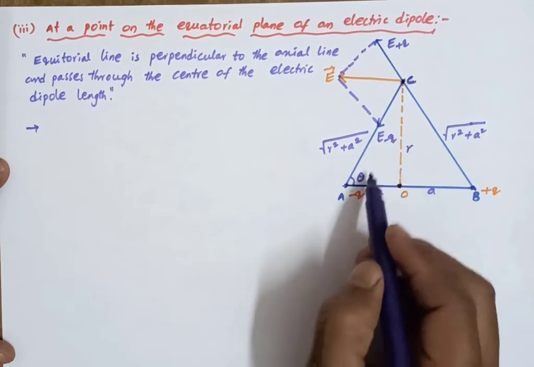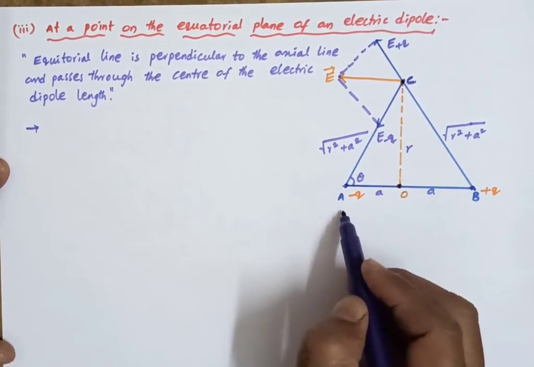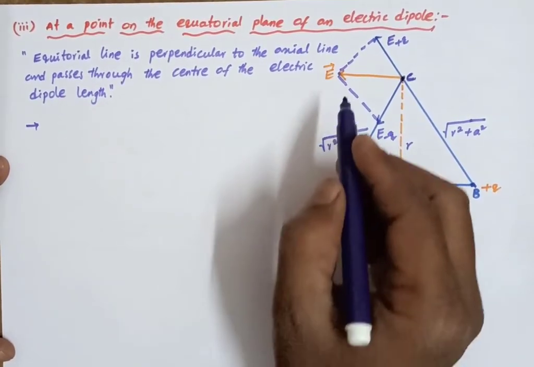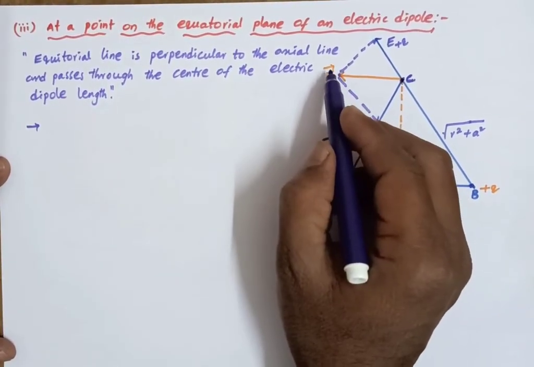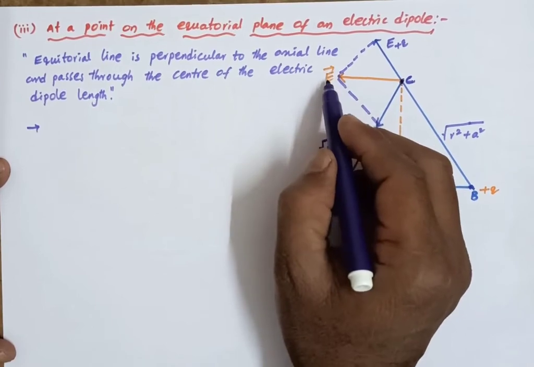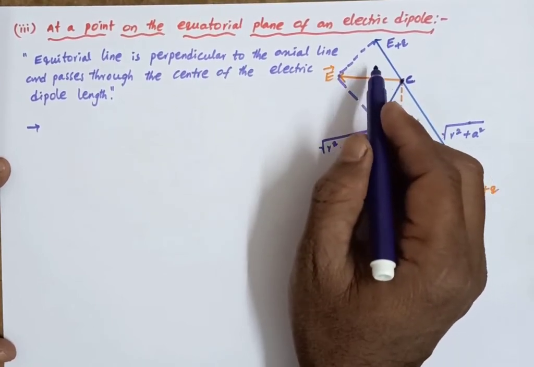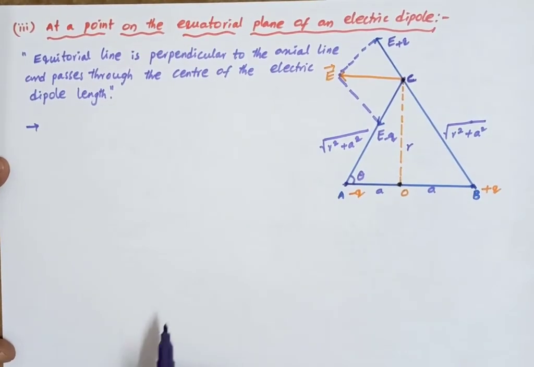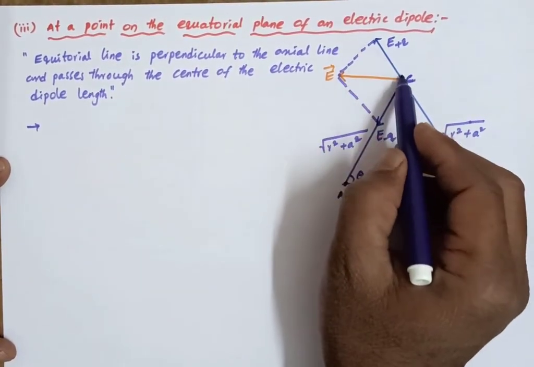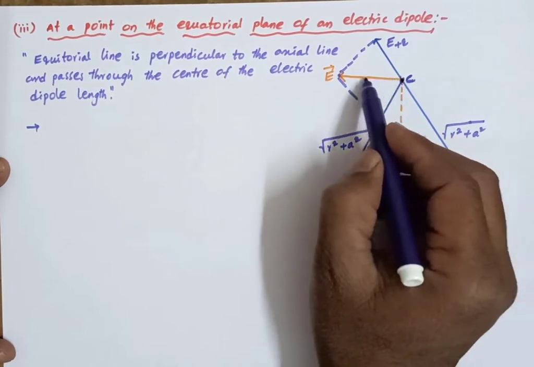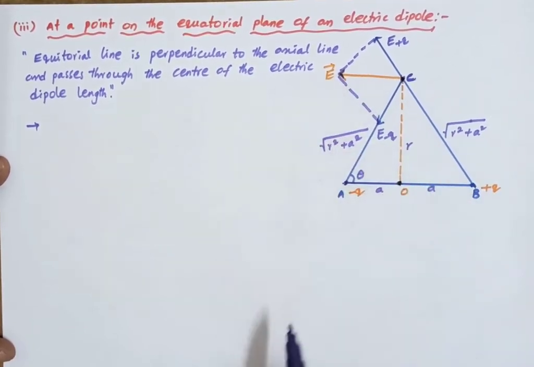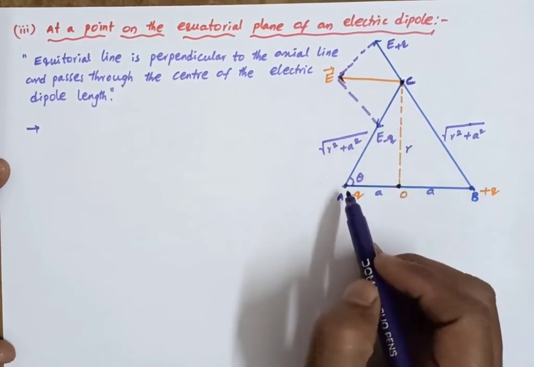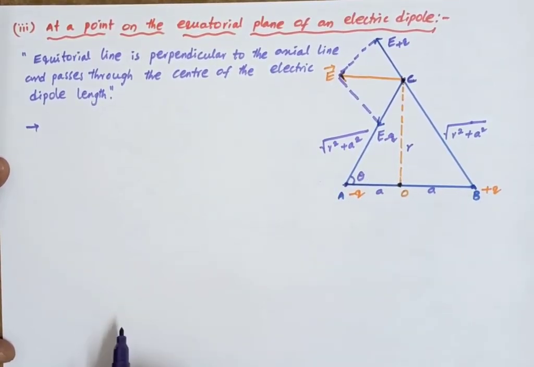So the total electric field is determined from the parallelogram law of vector addition. This is one side, this is another side, and this is the resultant electric field due to the positive charge and negative charge.